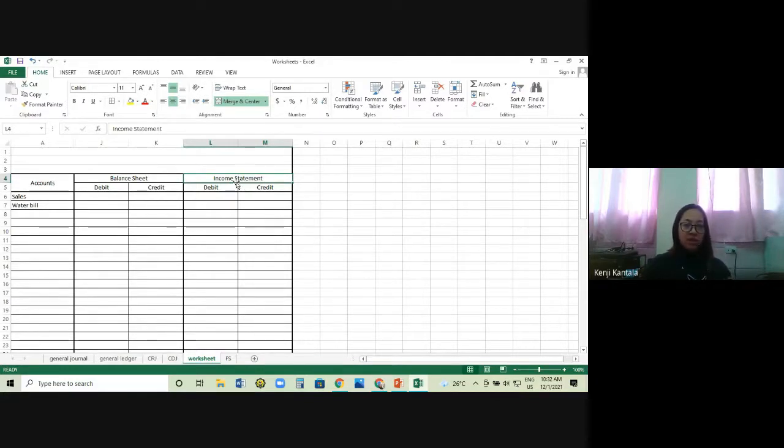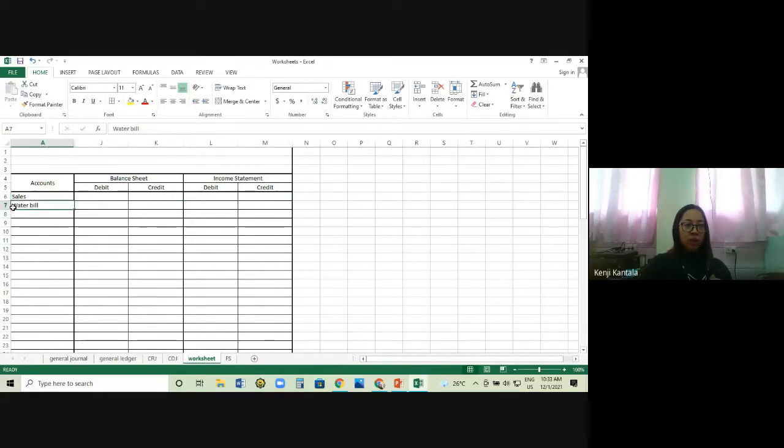I think na-discuss naman siguro sa inyo yung mga financial statements, ano? So for our sales, that forms part of our income statement. So dito mag-a-appear lahat ng debit sa, summary ng debit sa sales natin and summary ng credit sa sales natin. Okay, so we have here, reflect siya sa debit or sa credit natin.